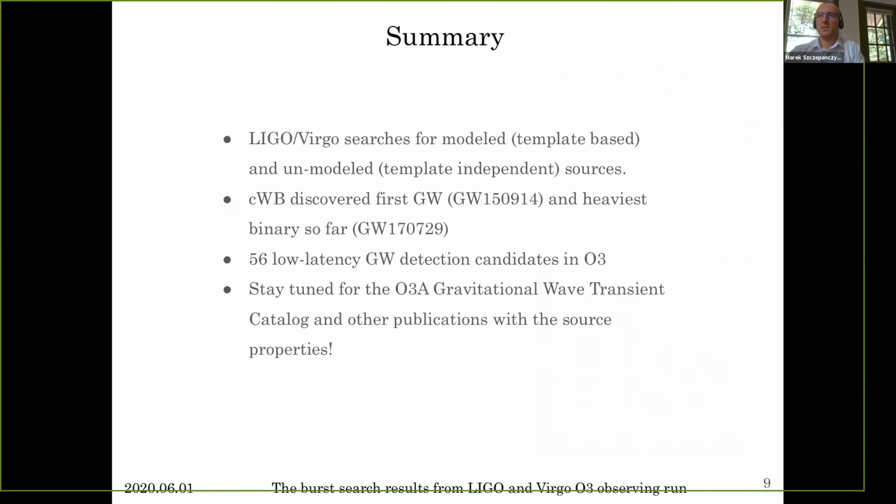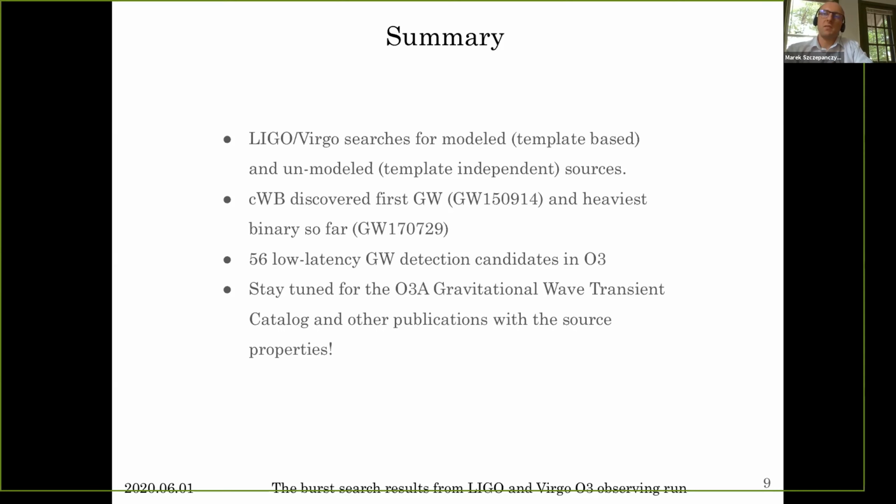As a summary, let me say that LIGO Virgo has template-based searches and template-independent searches, and coherent waveburst is the prime tool to detect these triggers without knowing the morphology. Coherent waveburst has detected the very first gravitational wave and the heaviest binary system so far.